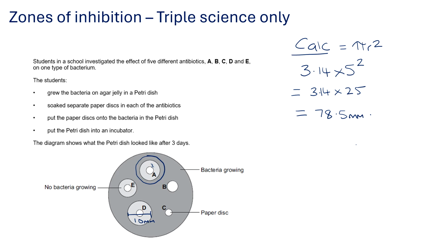Secondly, they could ask you to describe the results. There are a couple of things that you can take from your results on your agar plate. First of all, they could ask you to compare the effectiveness of the antibiotics, and you can assess the effectiveness of the antibiotic by the size of the zone of inhibition.